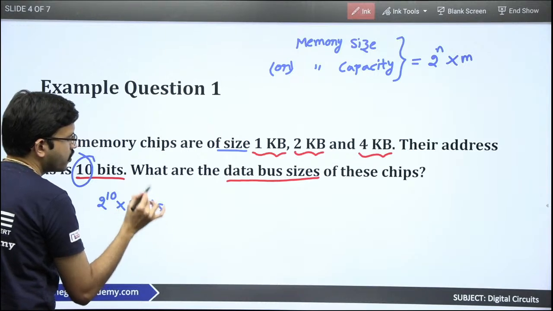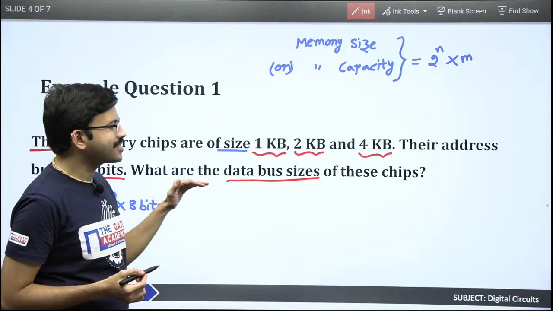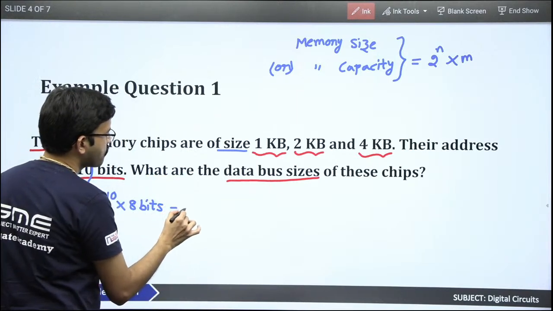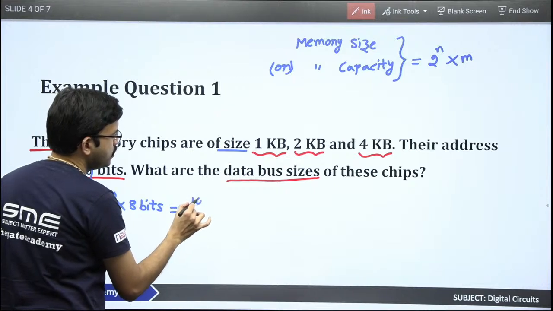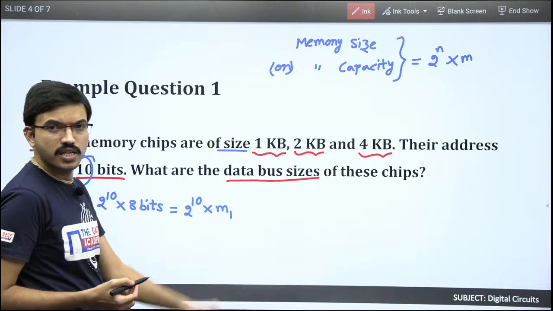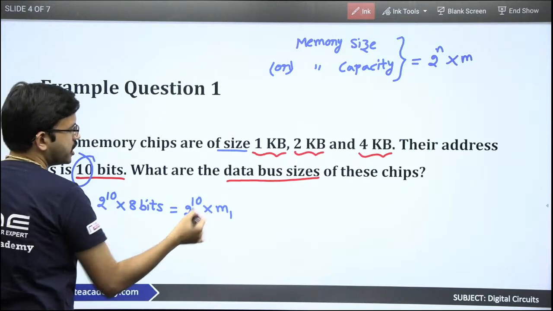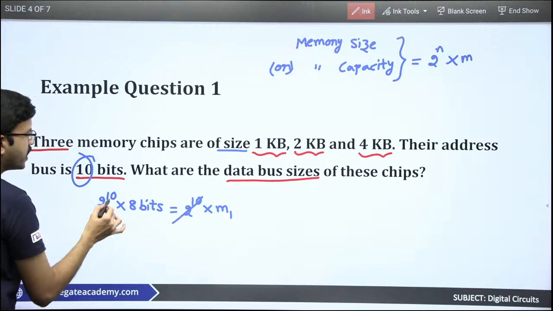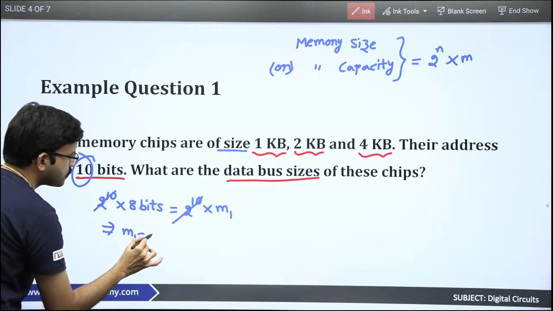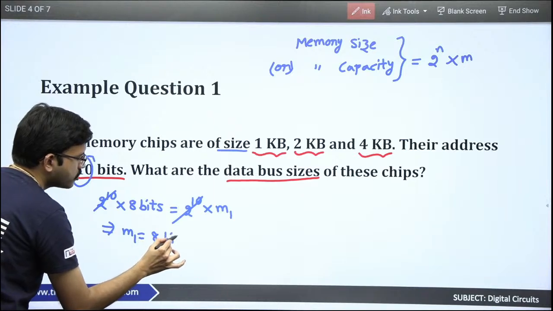For the time being, I am giving the answer in terms of bits. So this equals 2 power n, where n is 10, into m1. For the first chip I am labeling the number of data bits as m1. Here 2 power 10 will get cancelled, so you get m1 equal to 8 bits.